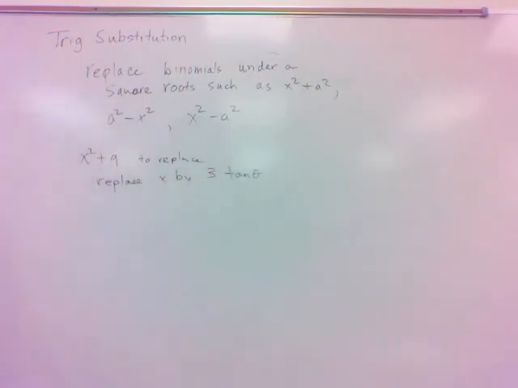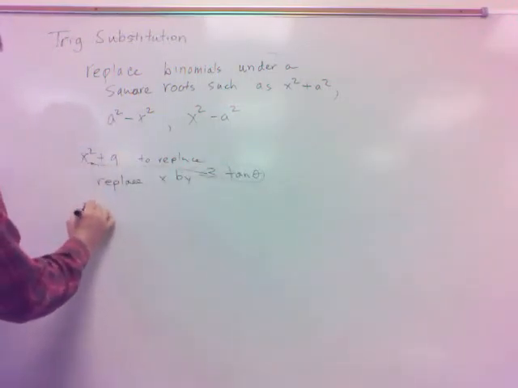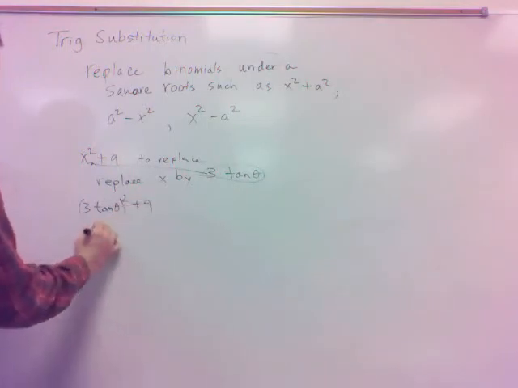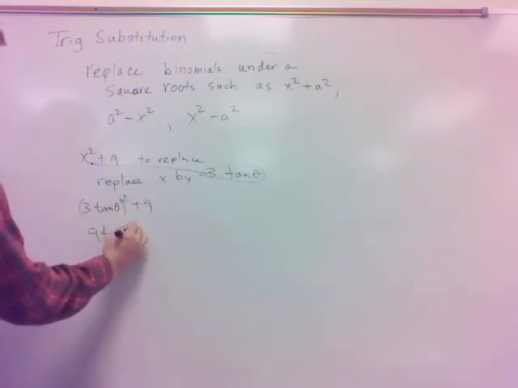Replace the x by 3 tangent theta. May not make sense why I do that, but maybe we'll get the hang of it here shortly. But replace the x by 3 tangent theta. So, in other words, this right there. So it becomes what? 3 tan theta squared plus 9. So it becomes 9 tangent squared theta plus 9.